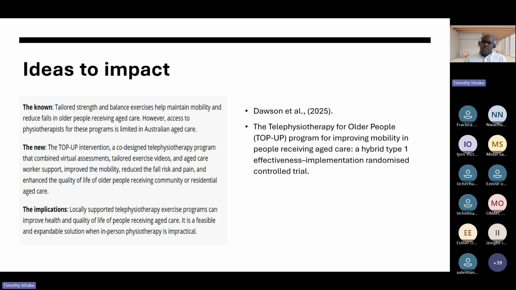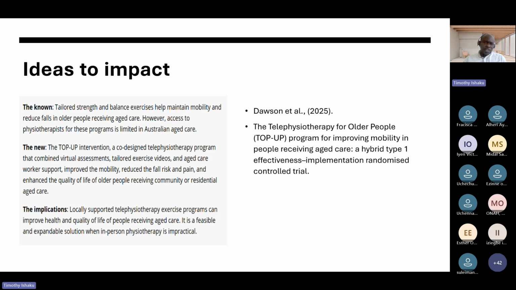What they looked at in the study is older adults, although theirs is in a community center, so it might not be truly applicable in some of our settings, because I know how much we are lacking in that community aspect of care facilities. So those are older adults in the care home, and they looked at tailoring a strength and balance exercise for those people to reduce their falls in those settings.